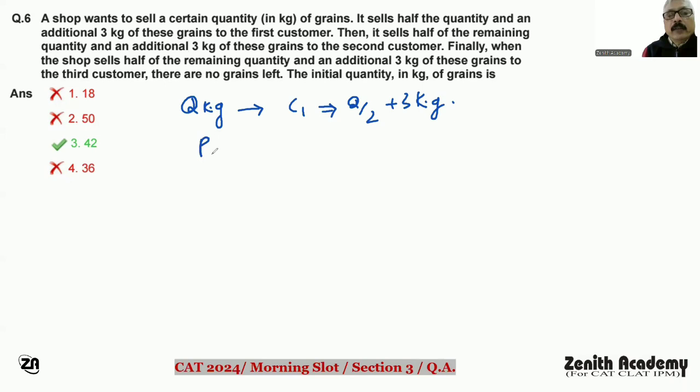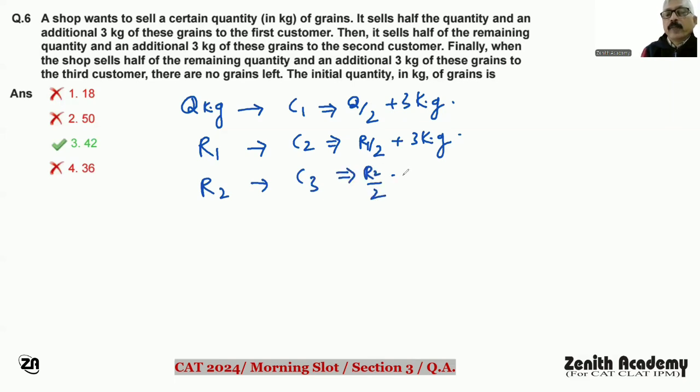And now from the remaining, to the second customer will go half of the quantity that was left, plus 3 kg. And now if the remaining quantity is R2, then for the third customer, this will be half of the remaining quantity plus 3 kg. And this time the remainder is 0.